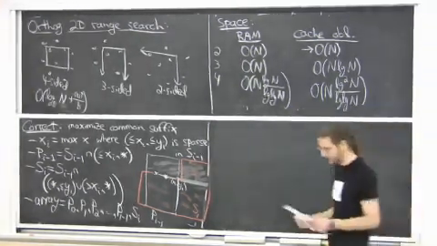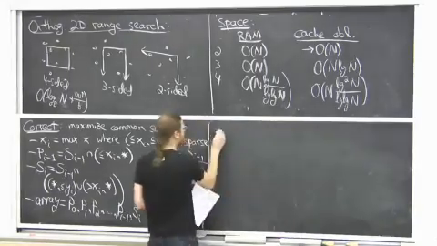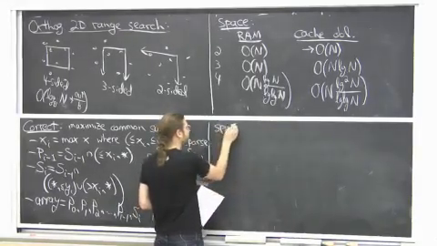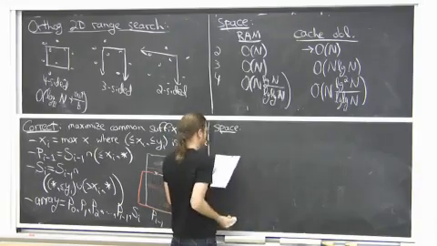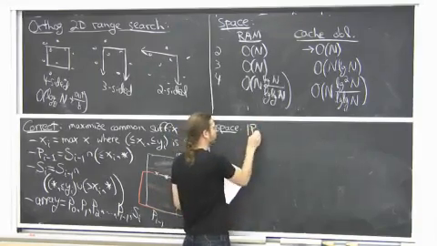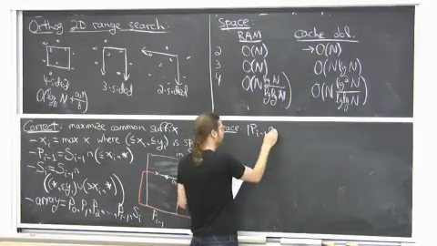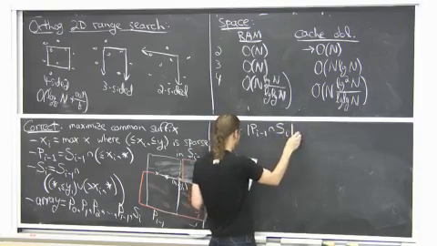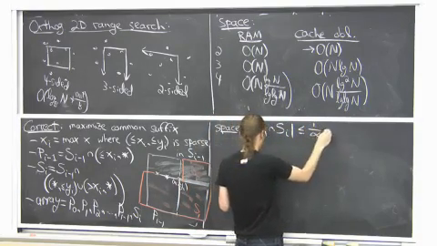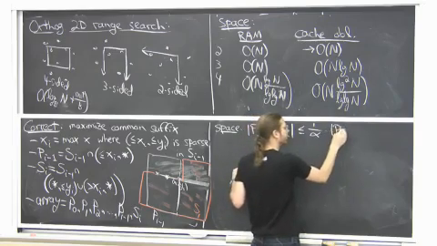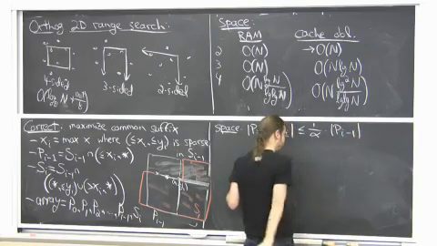But here's the cool thing. For the space bound, the claim is |P_{i-1} ∩ S_i| is less than or equal to 1/α times |P_{i-1}|.